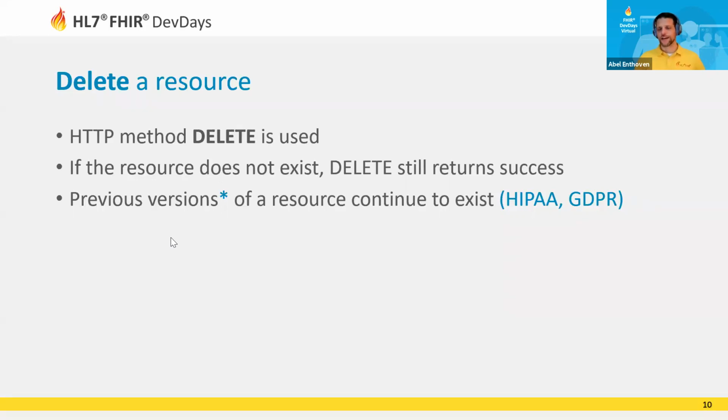Be aware of the fact that when you delete a resource, there will always be a previous version in the database. So if you delete it, the previous version will always stay in the database in FHIR. You will have to be aware of that when you are using HIPAA or GDPR, because you didn't really delete the data, you just made it inactive, really.